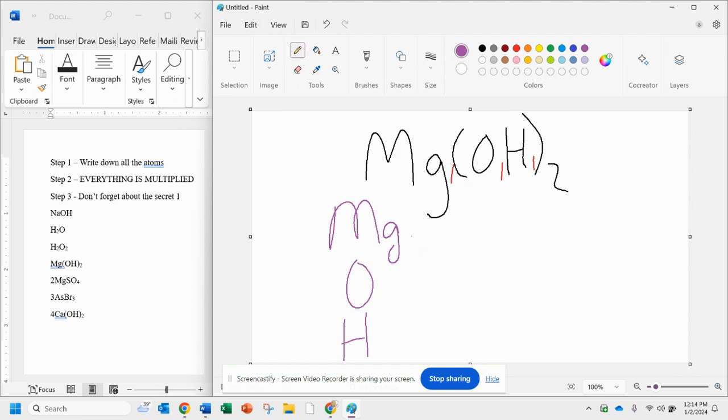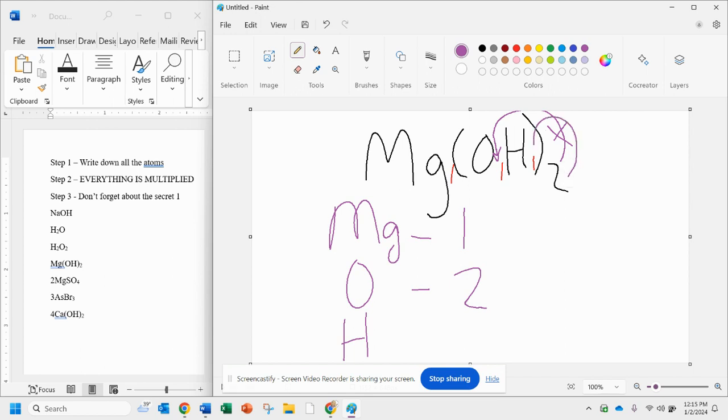Okay, so step one is write down the atoms. Step two, we have one magnesium. Because it is not in the parentheses, we would not multiply it by 2. Okay, but this oxygen is in there, so we're going to come around and we're going to multiply 2 times 1. And we can do that. Probably don't even need a calculator.